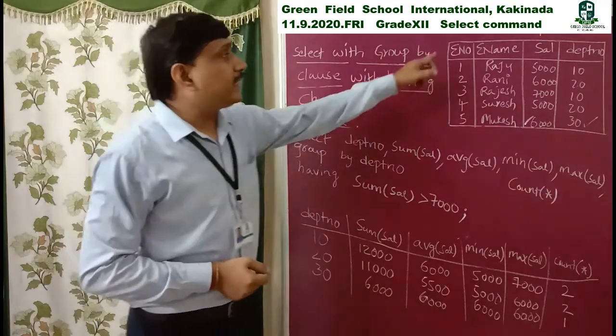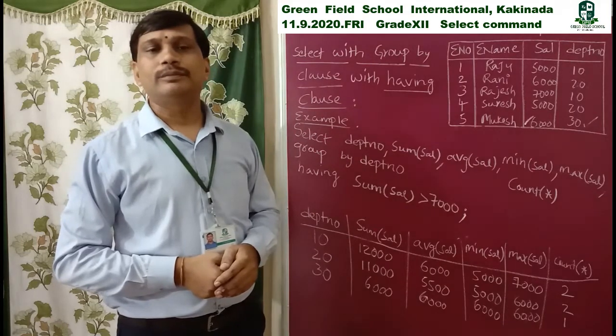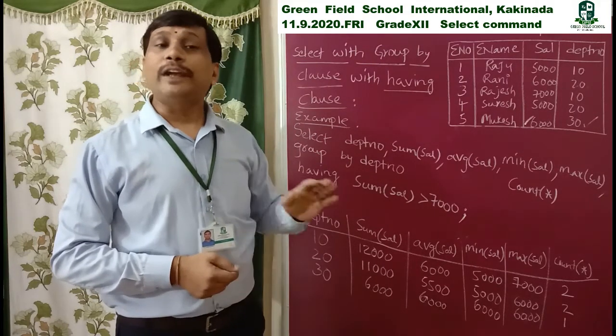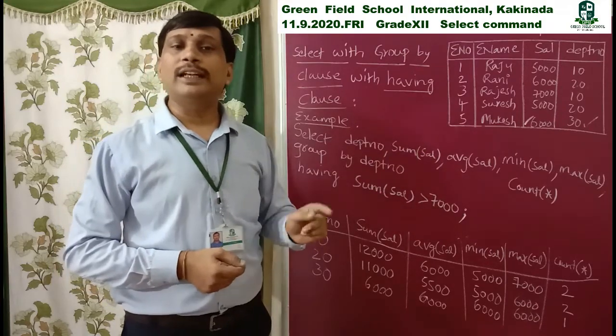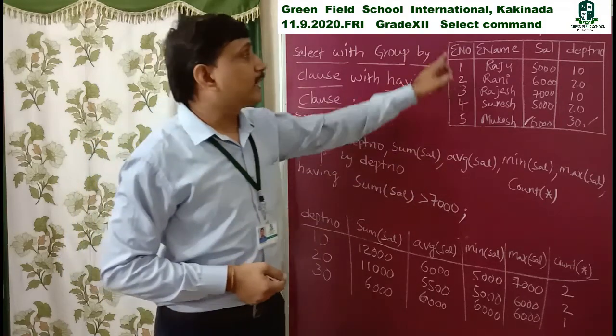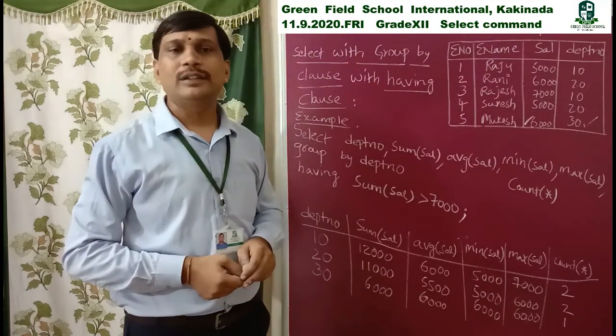When we consider the entire table as a single unit and any condition is required, then we go for the WHERE clause. So the WHERE clause is used when we consider the entire table by using the SELECT command.